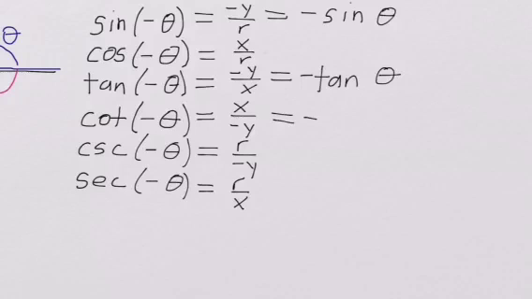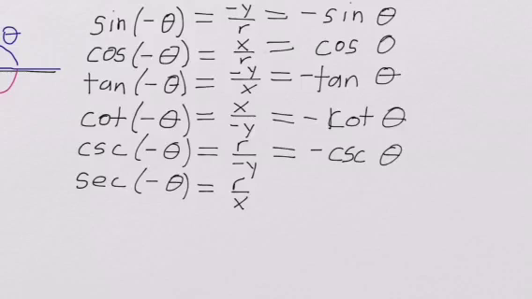Same idea for the cotangent, negative cotangent of theta. And the cosecant of negative theta is the negative cosecant of theta. Now with cosine and secant, nothing changed. So the cosine of negative theta is equal to the cosine of theta. And the secant of negative theta is equal to the secant of theta.